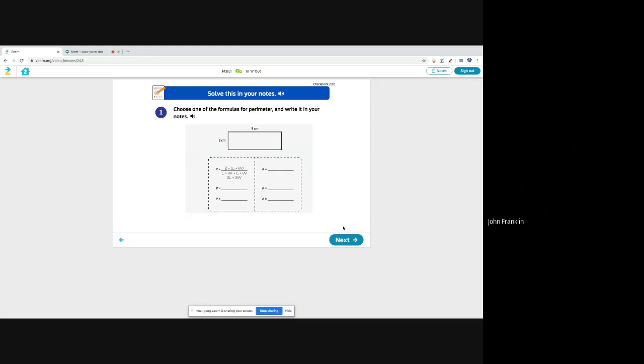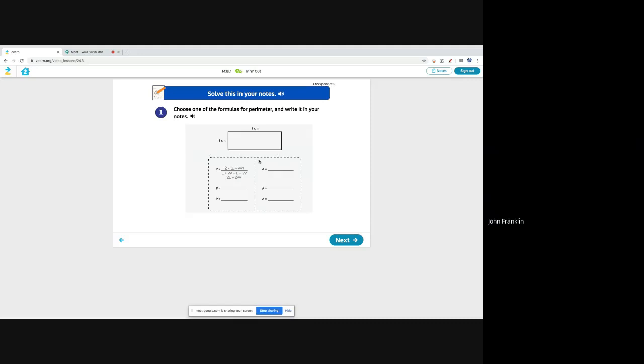All right, it says choose one of the formulas for perimeter and write it in the notes. 2 times L plus W. L plus W plus L plus W, 2L plus 2W.